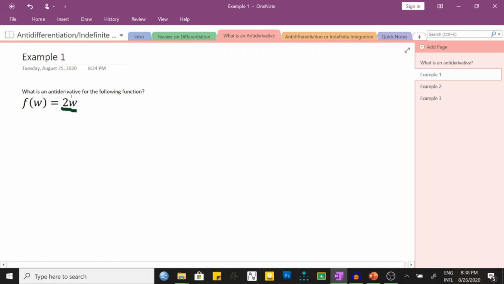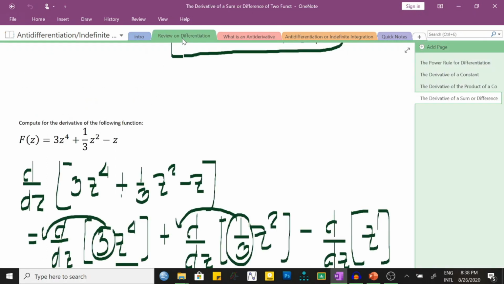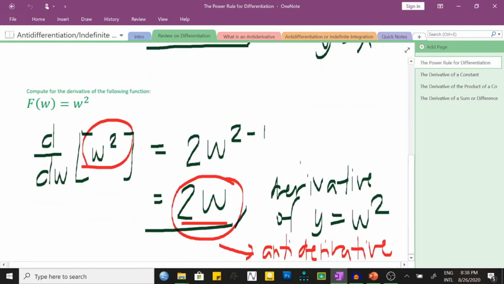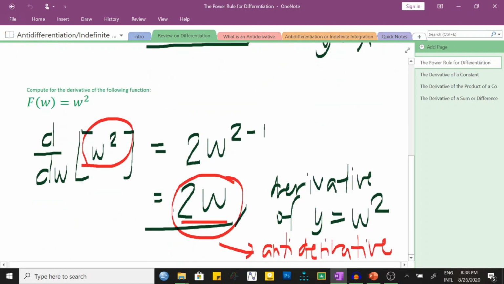This is a derivative of the examples of the functions that we presented a while back. Let us try to go back. Where is that? Is it here? Yep. We can see here that it's 2w. This means that an antiderivative for 2w is w squared.